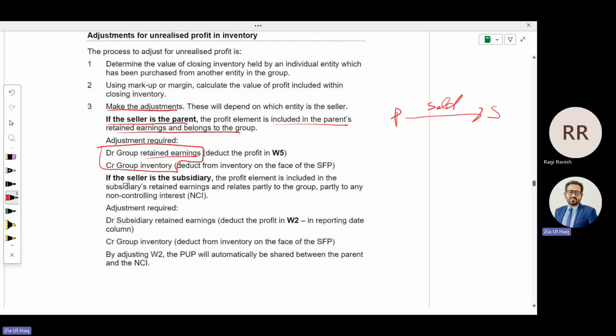If the seller is the subsidiary, where is the profit recorded? In the subsidiary's financial statements. But the subsidiary also has other investors. In that case, that profit part you need to distribute between the non-controlling interest and the parent company.